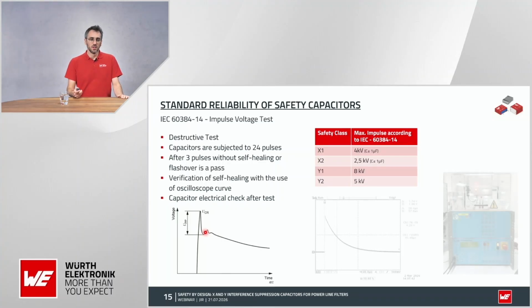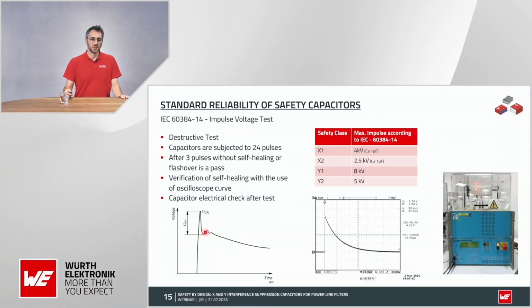But also, we can have curves like this. This is a measurement from our recent measurement. And this is an impulse where there was no self-healing. And we can assume the capacitor is already able to handle this surge voltage or impulse. And after 3 pulses like this, we can consider the test is passed, and we can skip the 24 pulses.